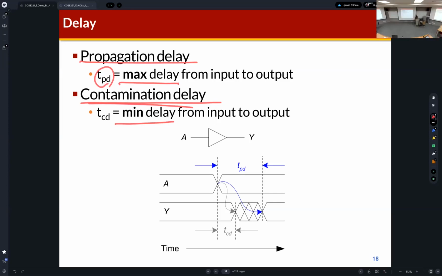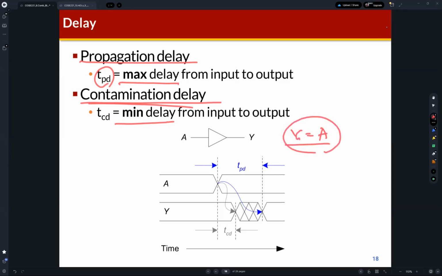So what does that mean? Why are there two kinds of delay? It's just the buffer, right? y equals a. But we need to consider two different delay values, the maximum delay and the minimum delay. Simply, this is the maximum delay, the propagation delay, and this is the minimum delay of this circuit.